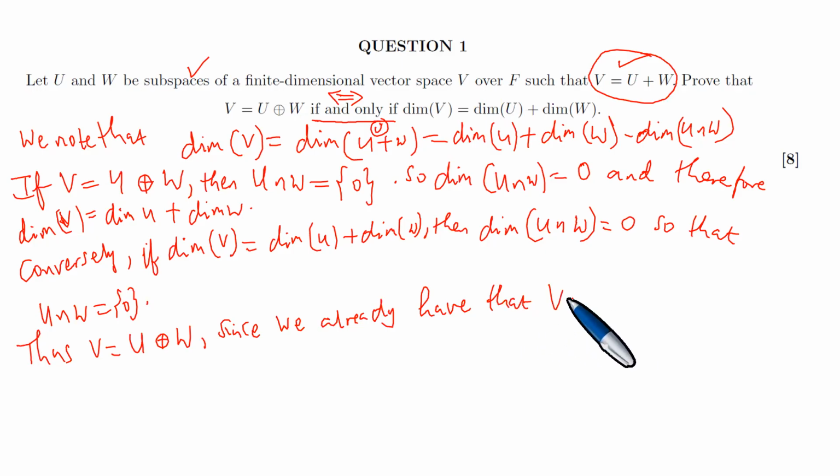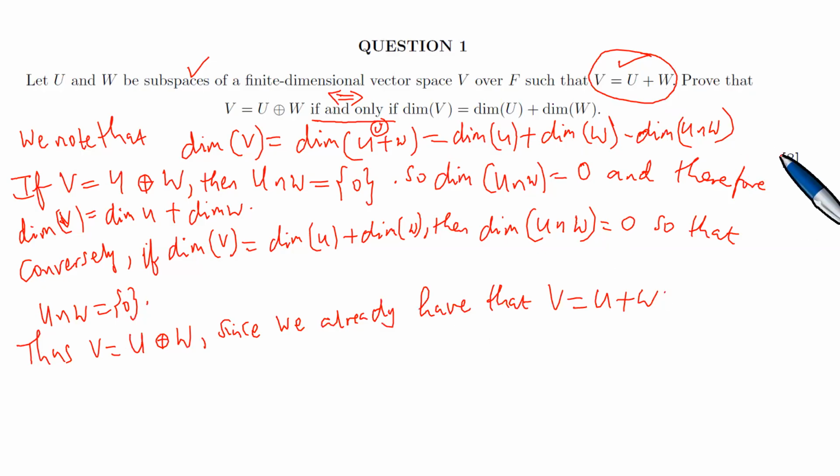We already have that V is U plus W, because V equals U plus W is given. So from the trivial intersection, together with the sum of U plus W equal to V given, it actually means a direct sum. This is just a proof there.